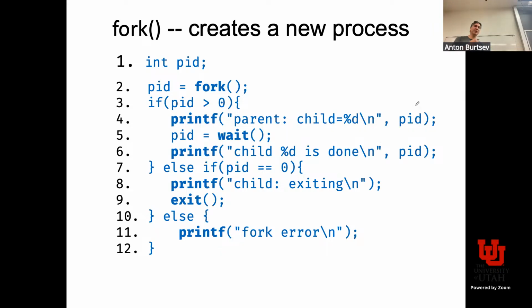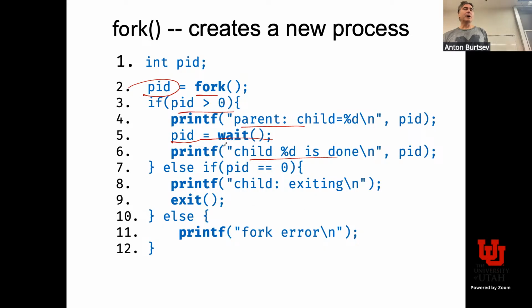Okay, sure. So this is an example of how you use fork. I invoke the fork system call from C. It returns a process ID. If it's greater than 0, then I'm in the parent. I will wait on the child to finish, then print that the child is done, and then I'm done with this code.